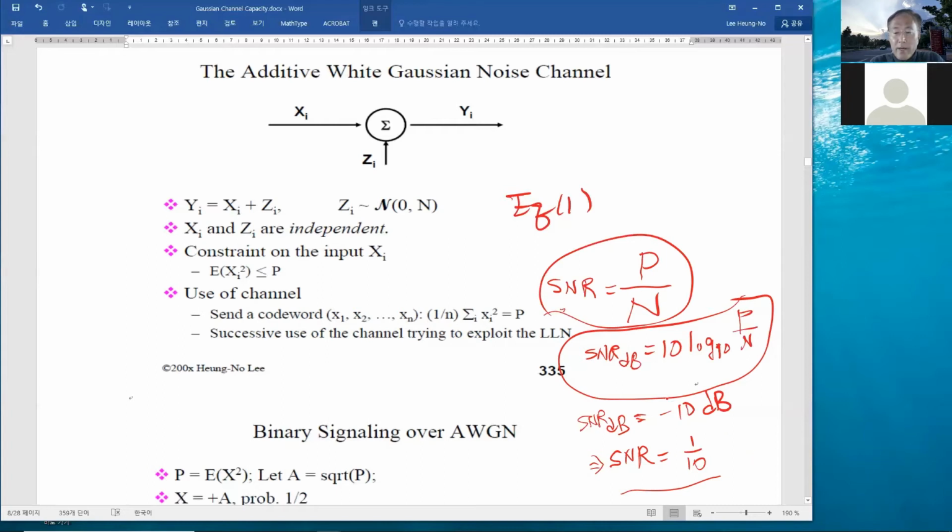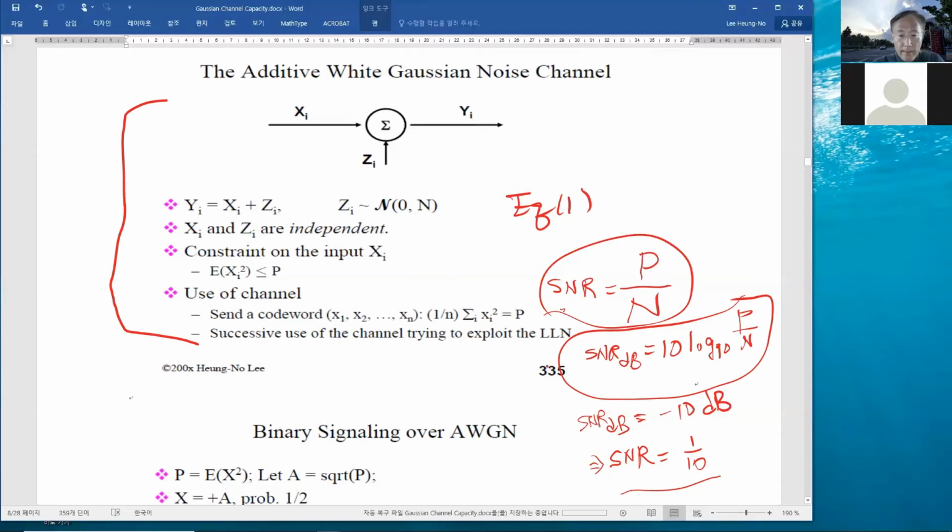If it was positive 10 dB, SNR is 10. 20 dB, 100. 30 dB, 1000. So that's the setup for the Gaussian noise channel.